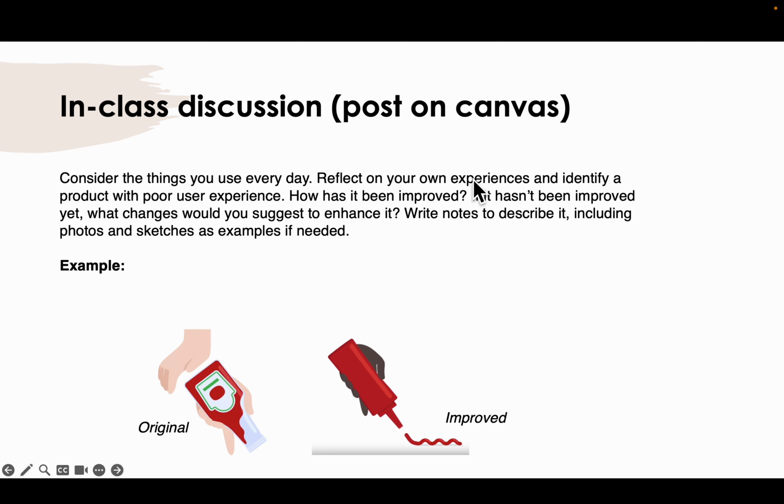So you're going to write some notes to describe it and also post a photo or sketches as examples if needed, right? The ketchup bottle is a nice example. Originally it was a glass bottle, but it's hard to get the ketchup out, and after it was improved it became a squeeze bottle, so it's easier for a user to get the ketchup out.